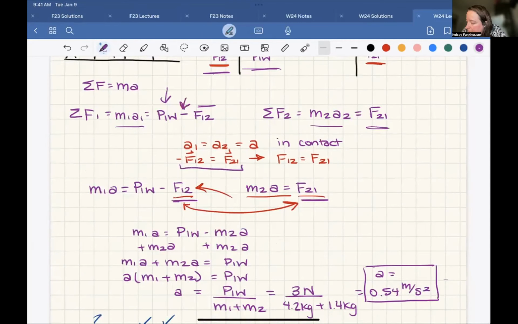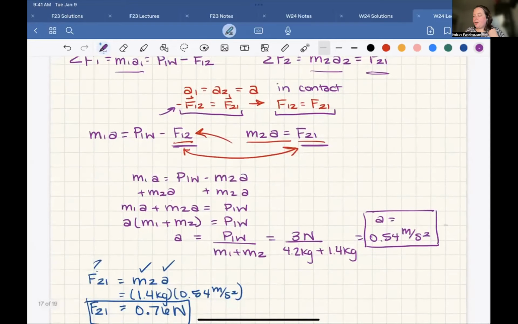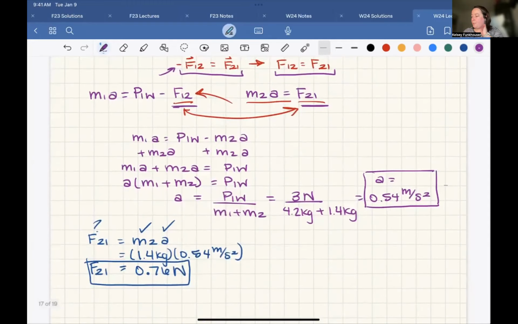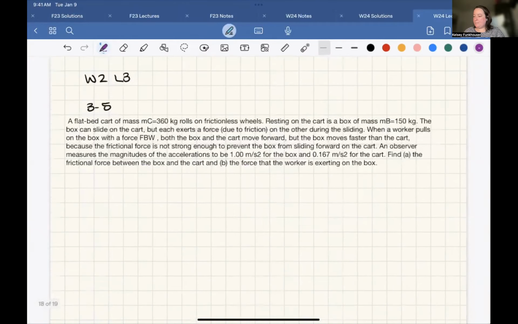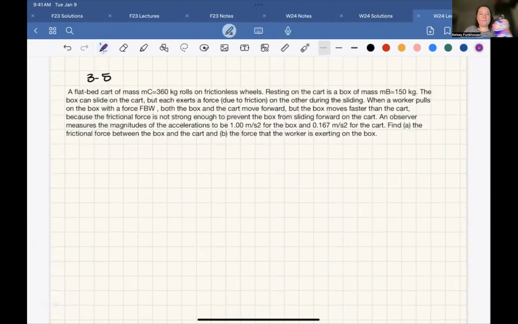The vectors, it's negative. The magnitudes, it's the same. Okay, then we took our equations, we plugged the action-reaction force from one equation to the other. We solved for acceleration and got 0.54 meters per second squared. And then we plugged that in to solve for the force between the two crates.